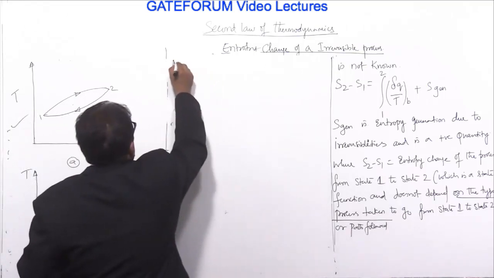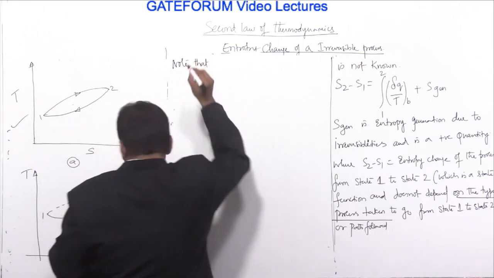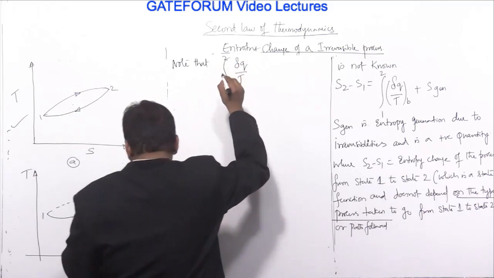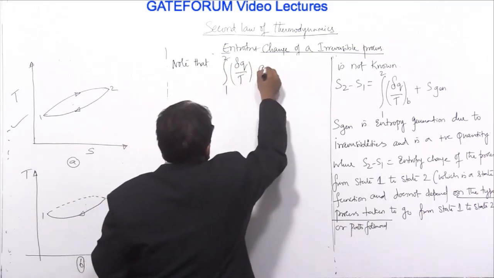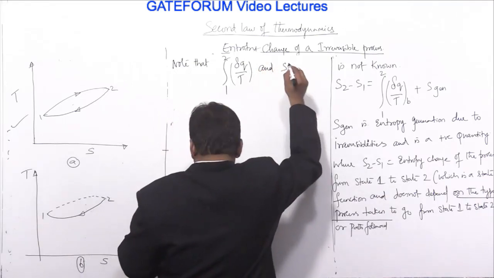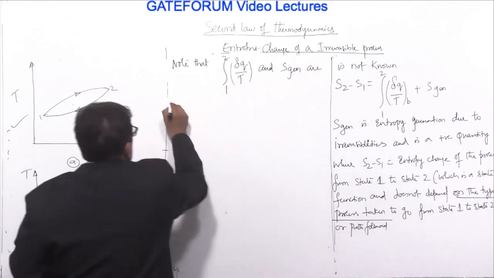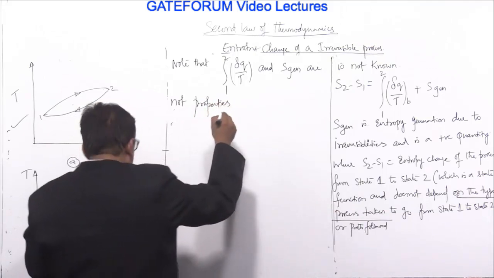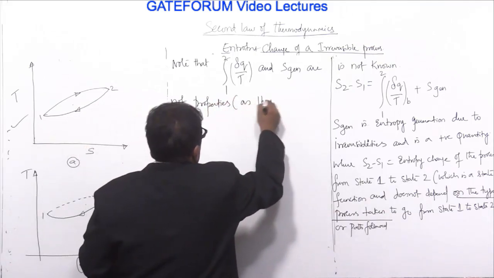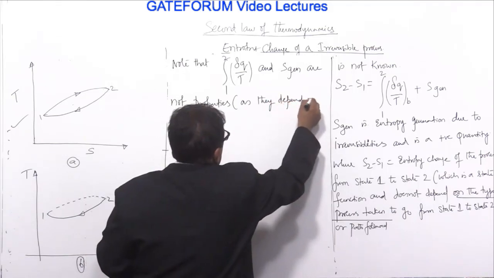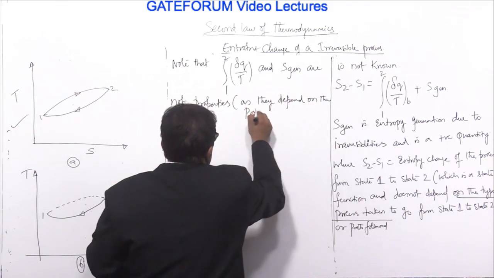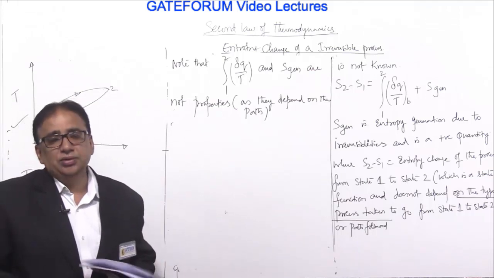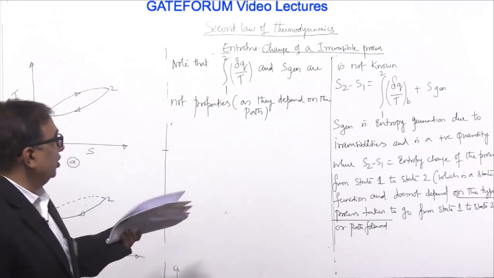Note that the integral from 1 to 2 of dq by T and S-gen are not properties, as they depend on the path, because dq by T is what is happening and how the things are happening.